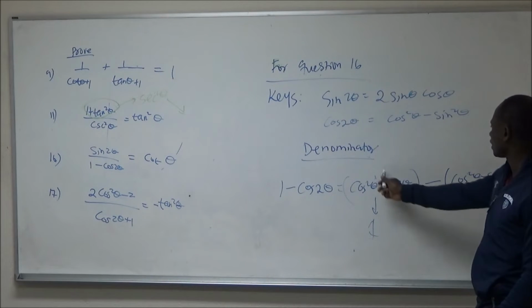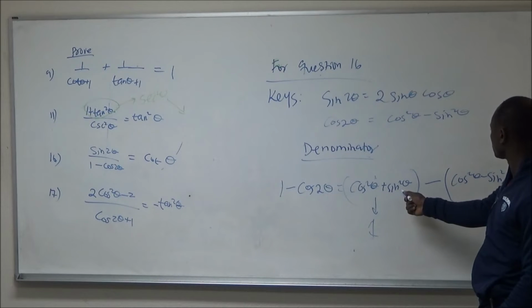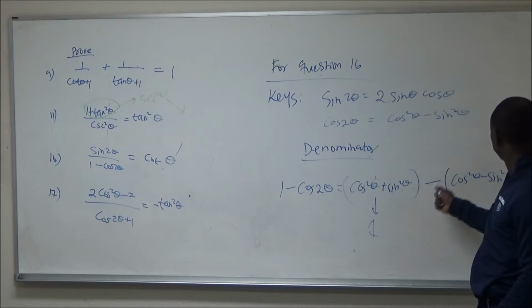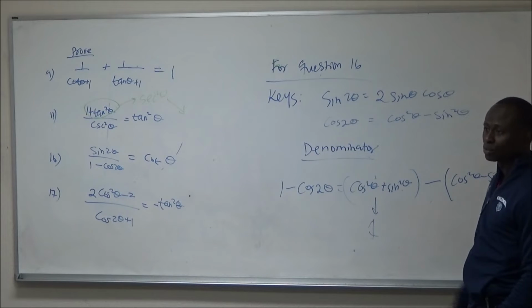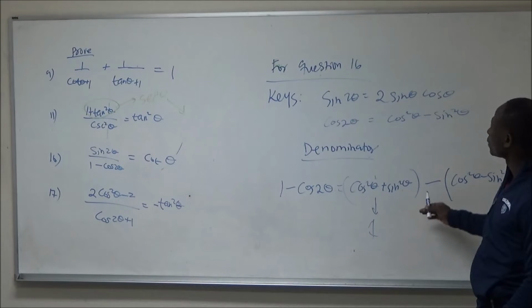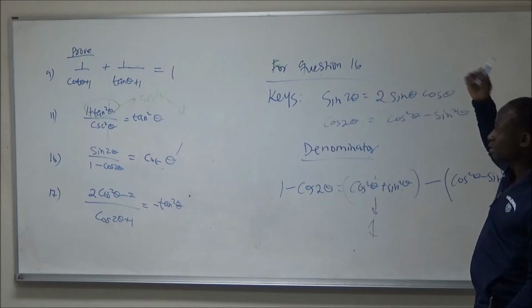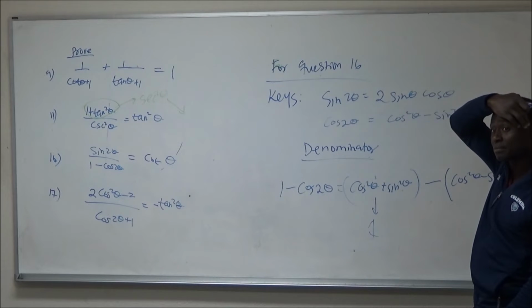So what do you get? Cosine squared theta gets rid of cosine squared theta, right? And then this becomes sine squared theta plus sine squared theta. So it's what? 2 sine squared theta. That's what you get there. So you get 2 sine squared theta in the denominator, and then you have 2 sine theta cos theta in the numerator. Is that what you did?